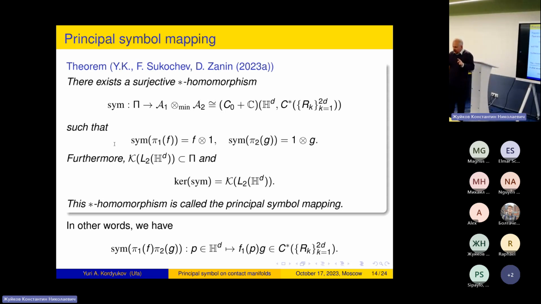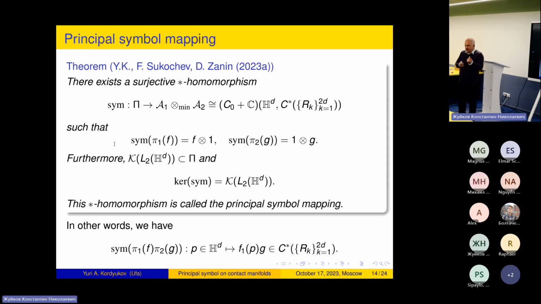It can also be naturally explained in terms of convolution operators. Say in the classical case, we know that singular integral operators, or convolution operators, have a kernel K of x and x minus y.